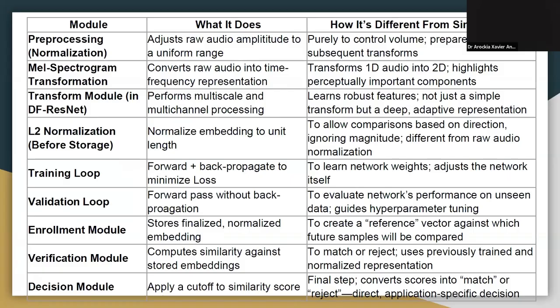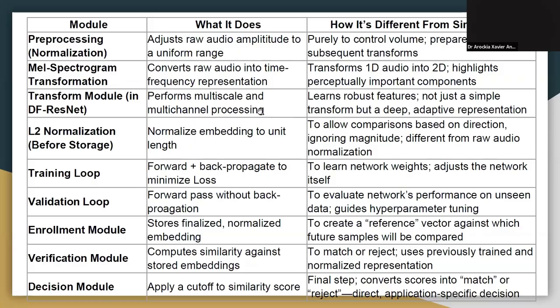So, given the intricate details about each of the modules: pre-processing adjusts raw audio amplitude to a uniform range purely to control volume, and prepares the audio for subsequent transforms. The MEL spectrogram transformation converts raw audio into a time-frequency representation, and here it transforms 1D audio into 2D and highlights perceptually important components.